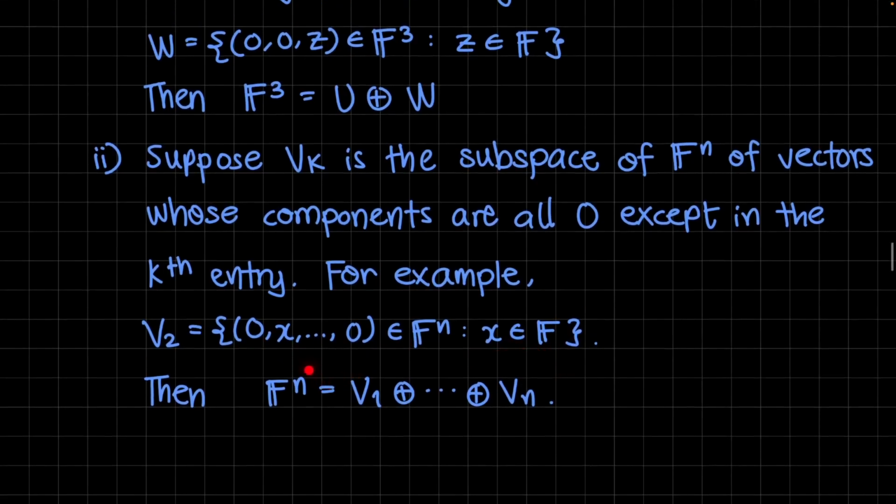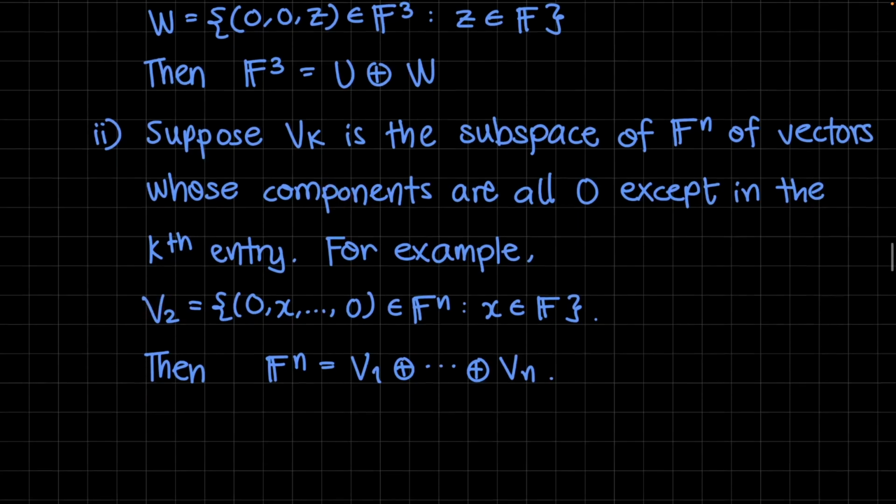Then Fn, of which each of these Vk's were subspaces, can be decomposed or expressed as V1 direct sum ... direct sum Vn. So it's a direct sum of n subspaces which are like one axis essentially.